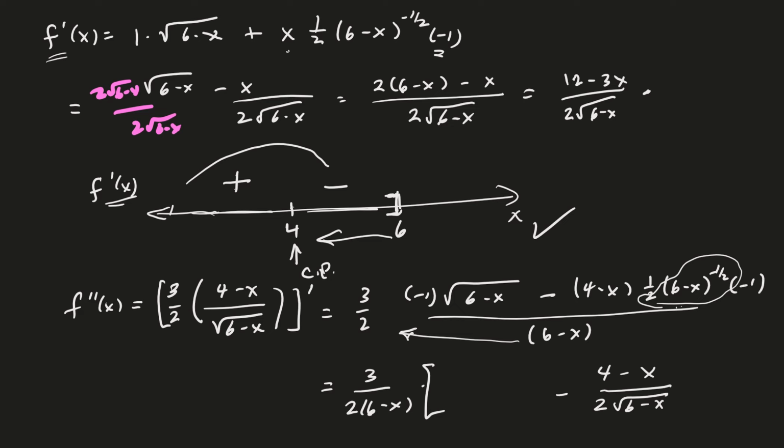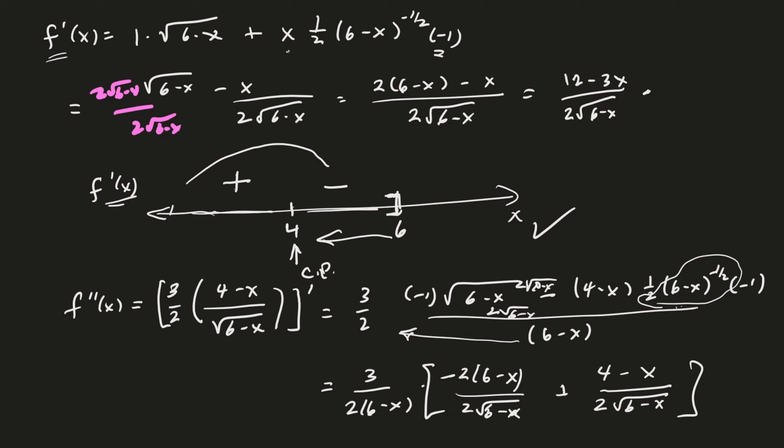Plus. Okay. And then here I'm going to do 2 times the square root of 6 minus x over 2 times the square root of 6 minus x again. So that's going to be minus 2 times 6 minus x over 2 square roots of 6 minus x.